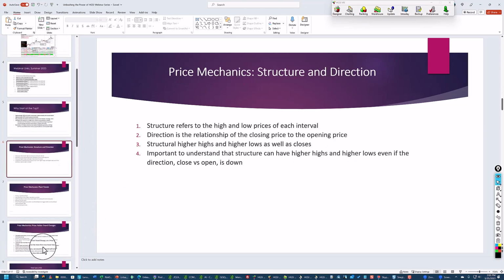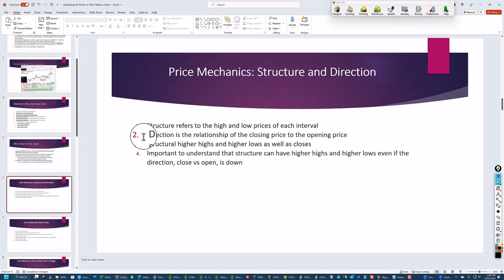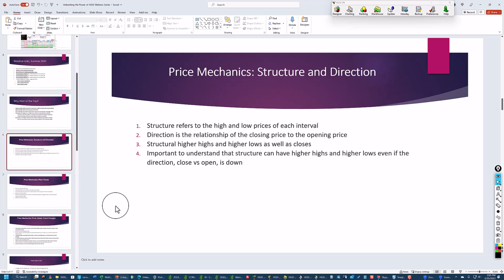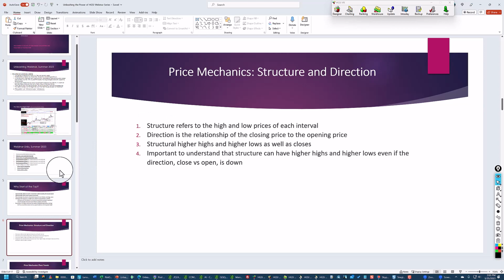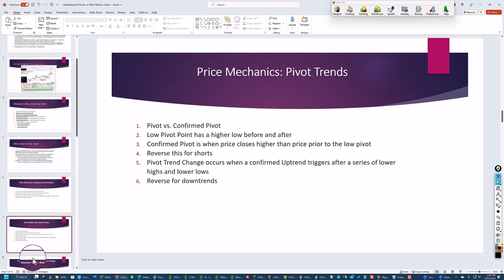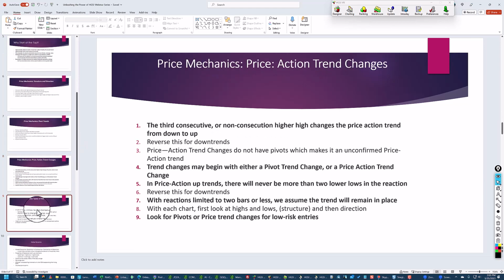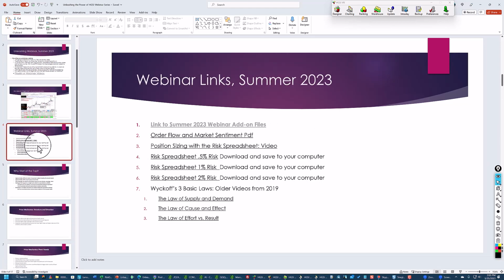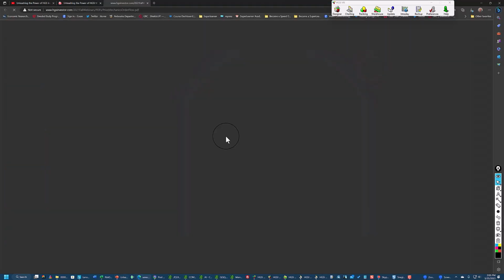And then these are things we're going to be talking about as I go along, as I mention them, price mechanics and structure, things like that, and I'll point that out. But for the subscribers, I'm going to send this out to you so you have a reference. Also, let me see, I'm looking for something in particular here. Of course, I can't find it when I'm looking for it. Oh, it's right here. This is the order flow and market sentiment PDF.